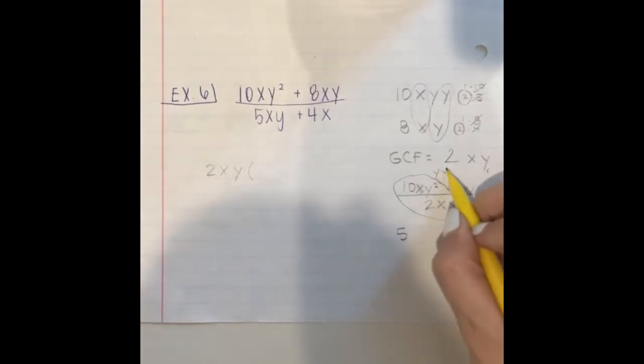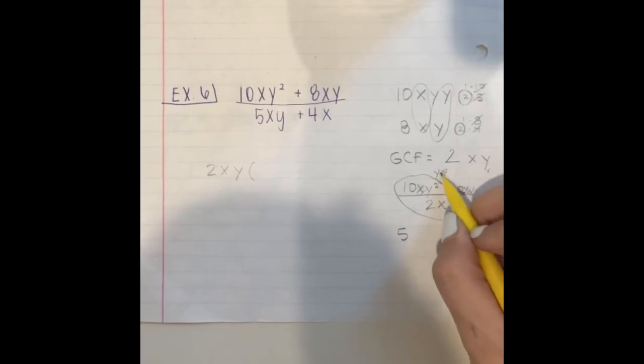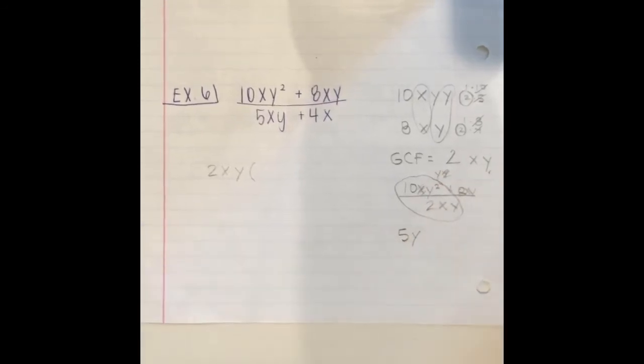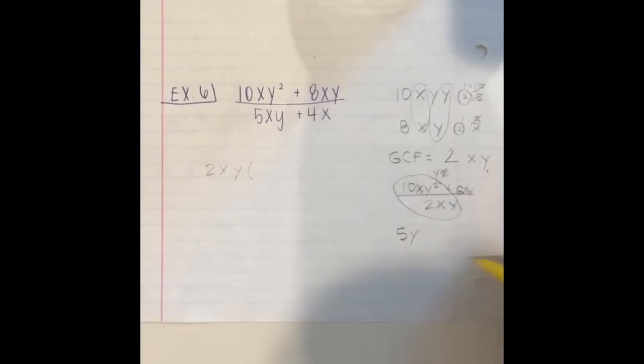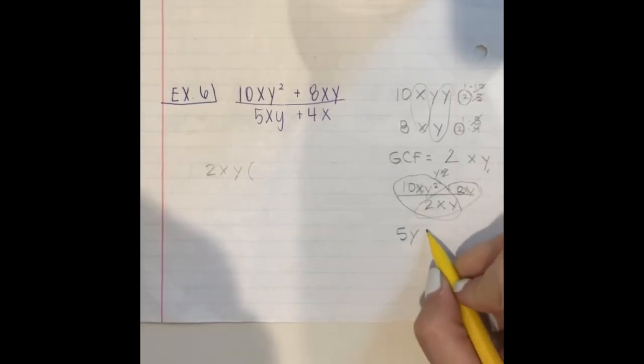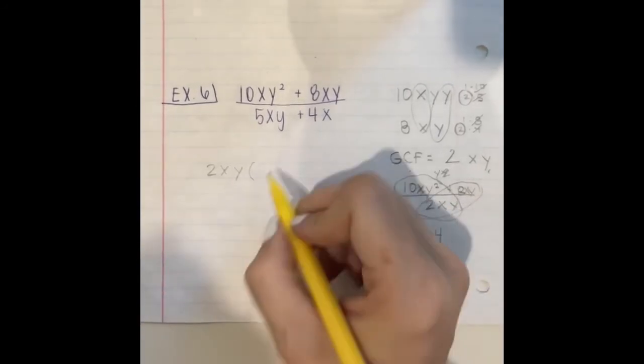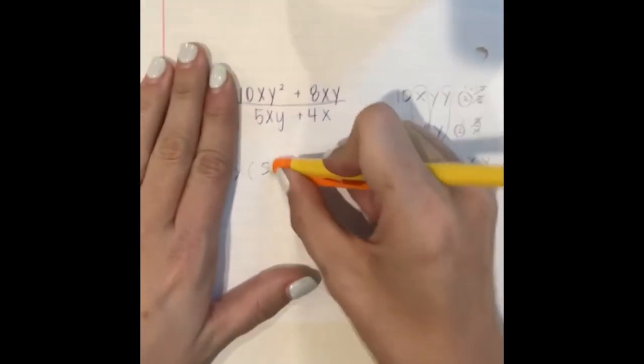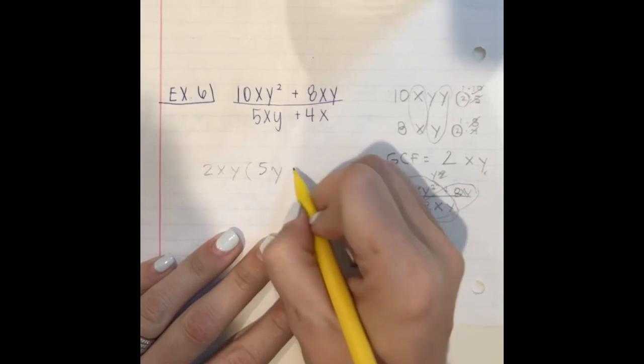So if you have 2 y's, the 1 y on bottom would cancel out one of the ones on top, leaving you just a 5y. And then 8xy divided by 2xy, your x's cancel, your y's cancel, and 8 divided by 2 is 4. Oops. 5y plus 4.